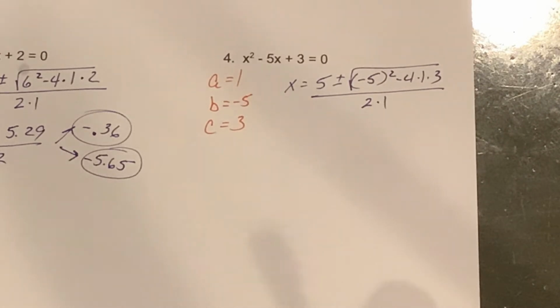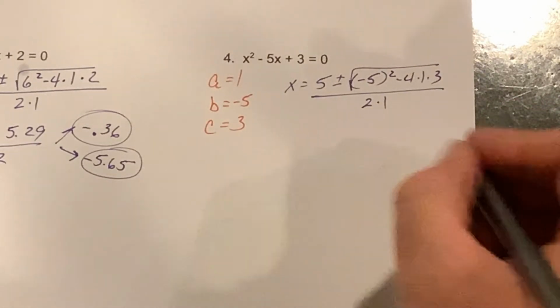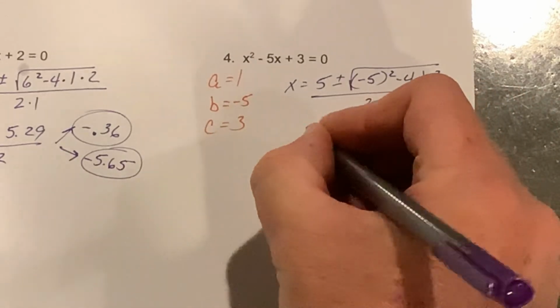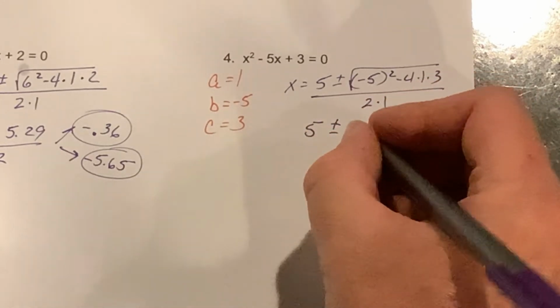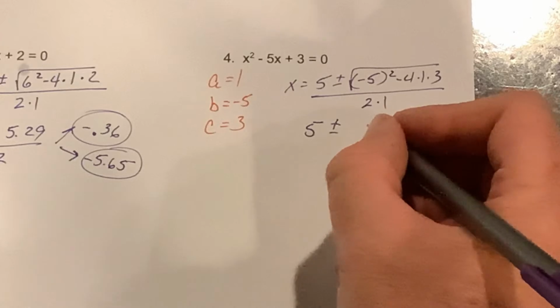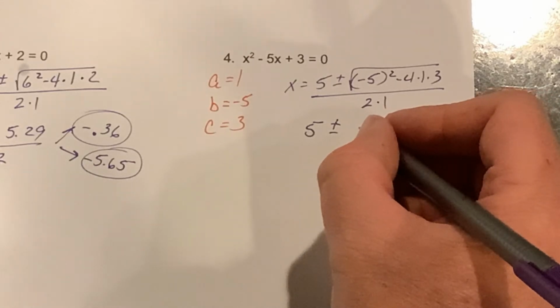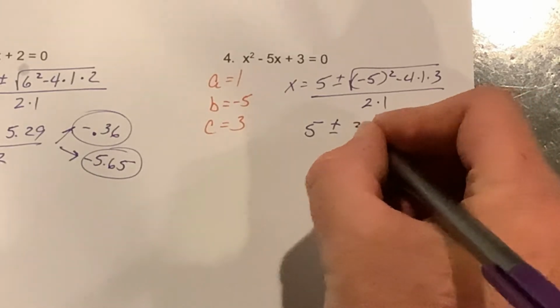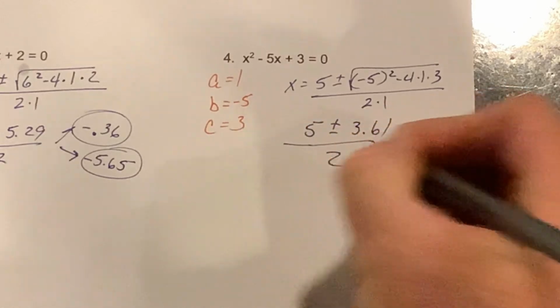I'm sorry, I wrote that in the wrong spot. You can't even see what I'm writing. All right, let's start over. 5 plus or minus the square root, or we got rid of the square root, my goodness. All right, so we're going to get 3.61 here over 2.